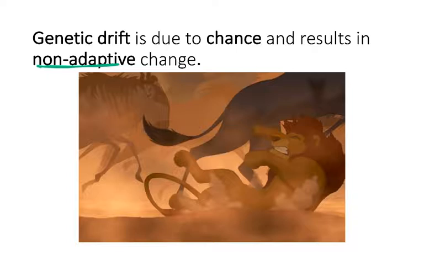So if we ignore the whole Scar manipulation factor here, if we think about Mufasa being trampled by the wildebeest, which still is one of the saddest things to ever happen in a Disney movie, he didn't die because he wasn't adapted to his environment. He just was in the wrong place at the wrong time, and that's why he didn't pass on his genes. So genetic drift is changes in allele frequencies that are happening just due to random chance, and what it results in is non-adaptive change.